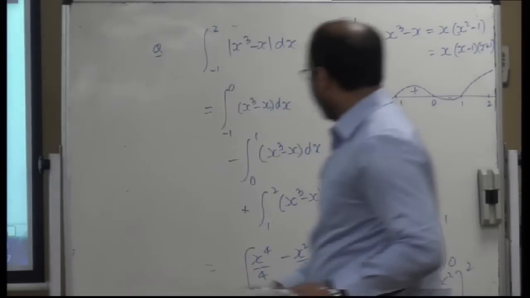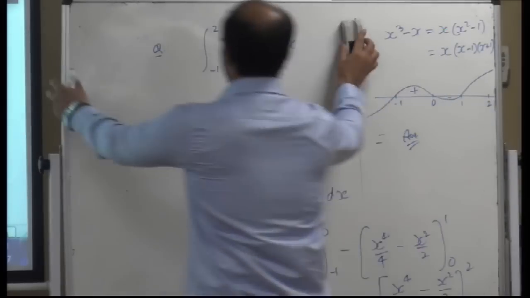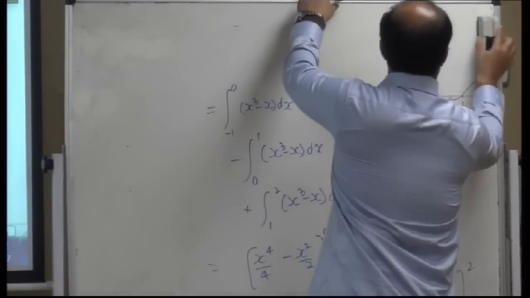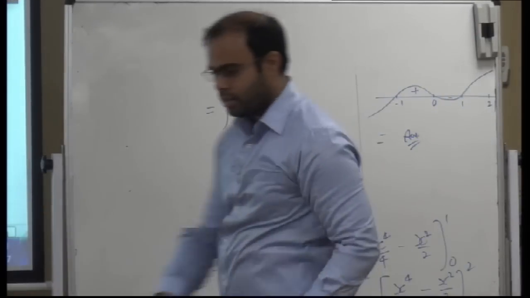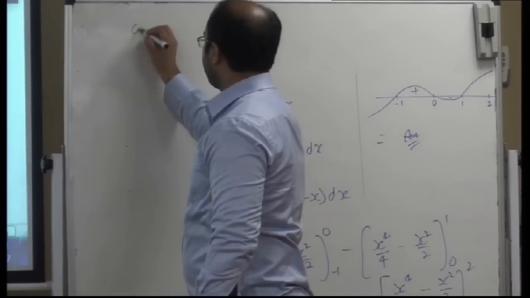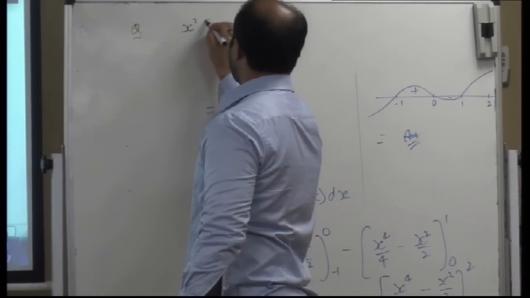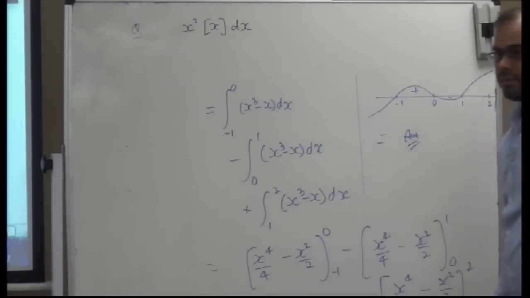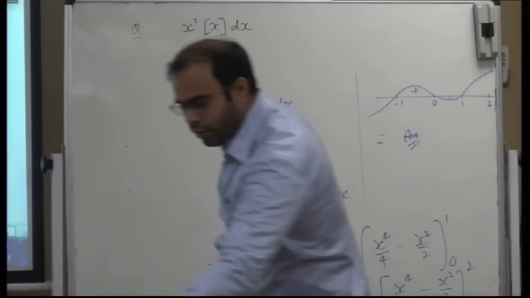Next, again another question we are taking, x square greatest integer of x dx. So in this one again a limit is given from 0 to 2.